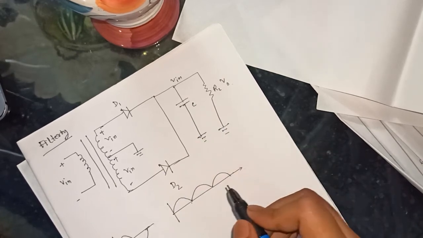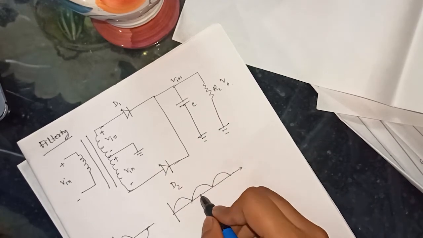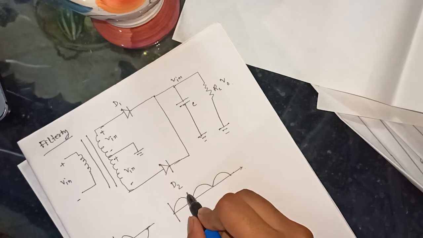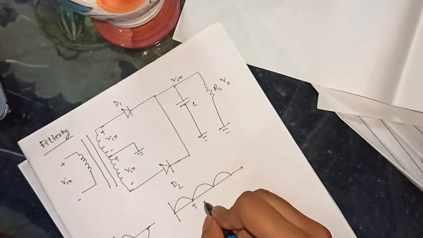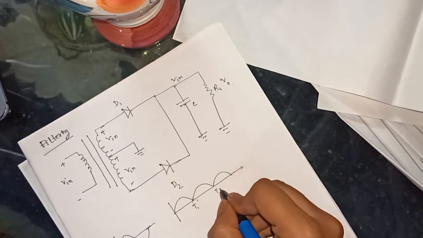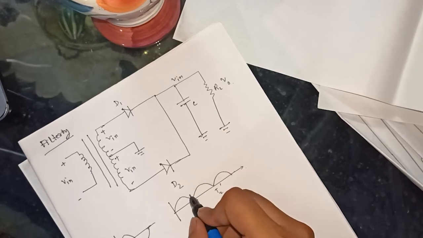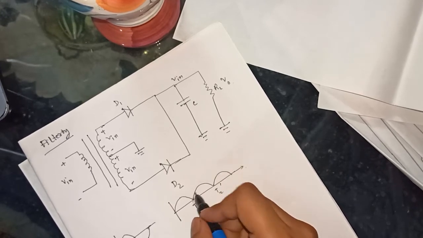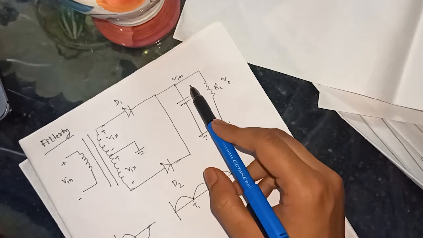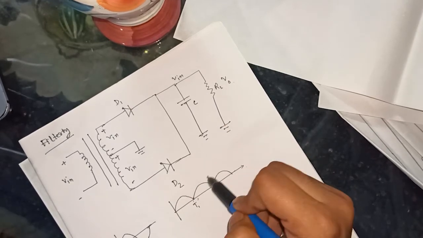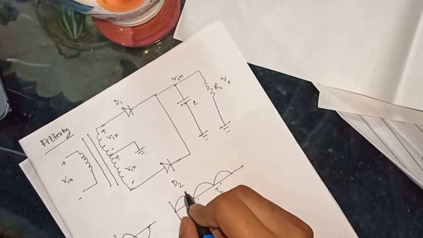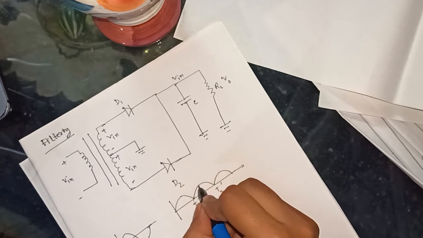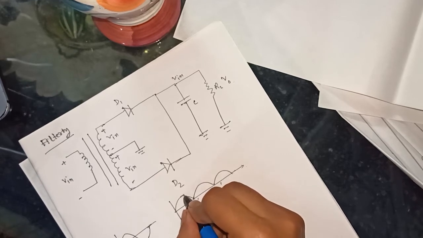For the time period, let us say T1 dash, T2 dash, there is a ripple, and the charged capacitor slowly discharges. So when it discharges, we get the output like this.